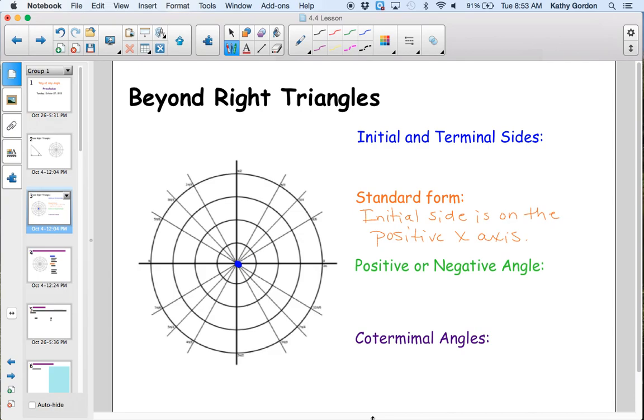So you can see here with our graph, and you have papers in your baskets on your table that have a similar kind of graph on it.